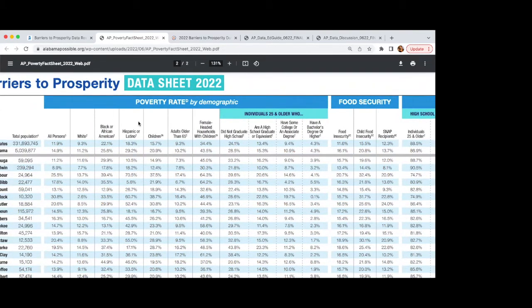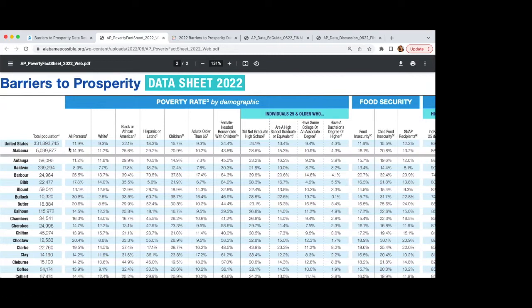It starts off reiterating what we saw on page 1, that 14.9% of Alabamians are in poverty. Then we see the same breakdown by race and ethnicity that we had on page 1. So for instance, 29.2% of Hispanic or Latino Alabamians are in poverty.